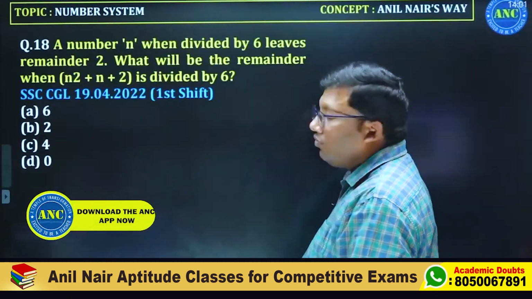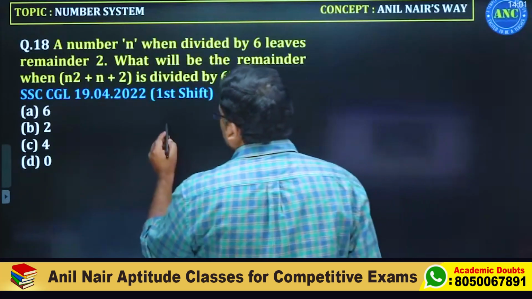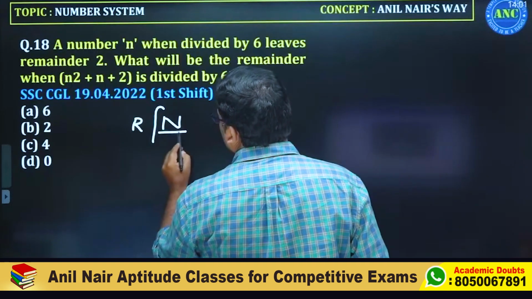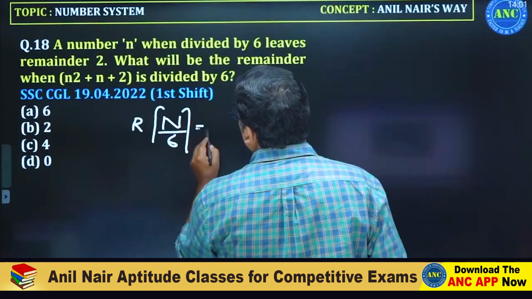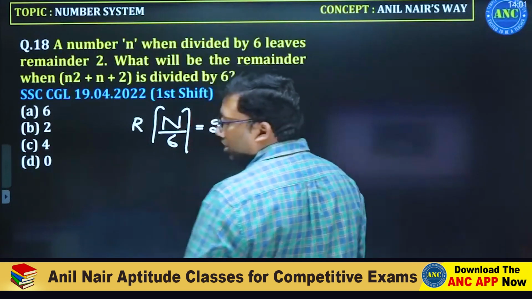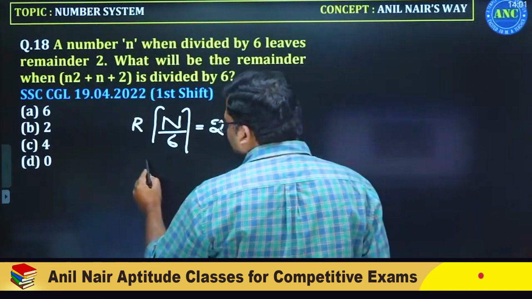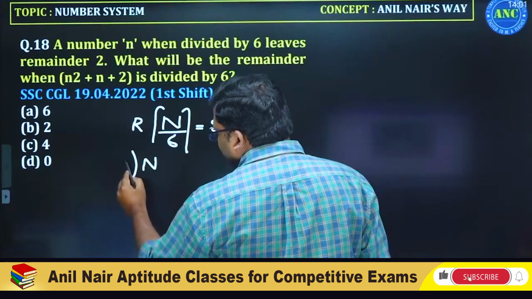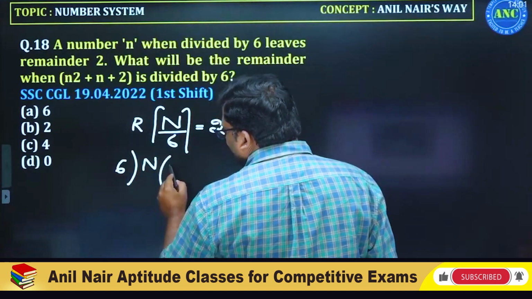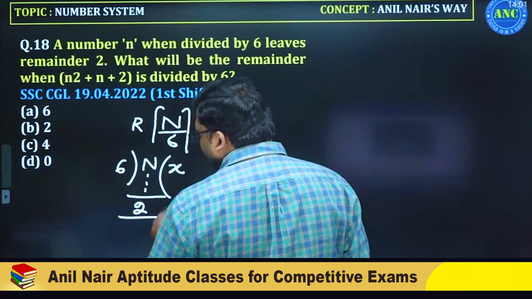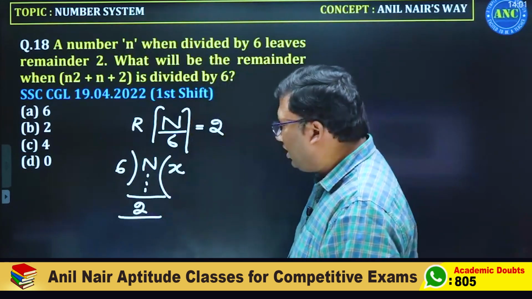A number when divided by 6 gives remainder 2. There is a number which is divided by 6. How many times we don't know, but definitely the remainder is 2.